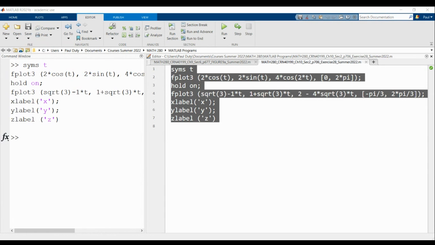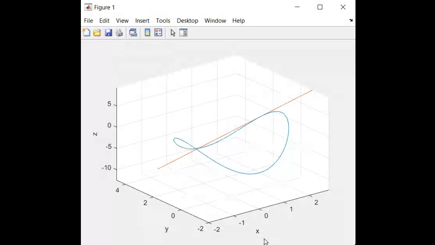How many are getting a figure like this? Okay, Yeva sees that. Excellent.